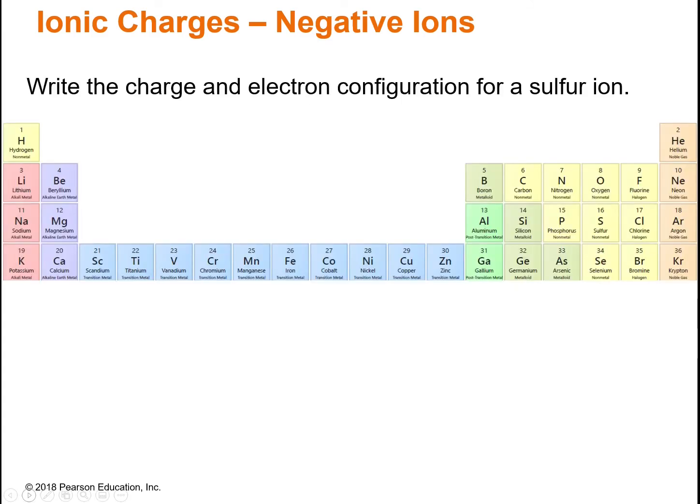Let's do the same kind of example that we did for the positive ions, only with the negative ion. We're going to look at sulfur. Sulfur is beneath oxygen. It is still in group 6A, so its ion is going to have a -2 charge.